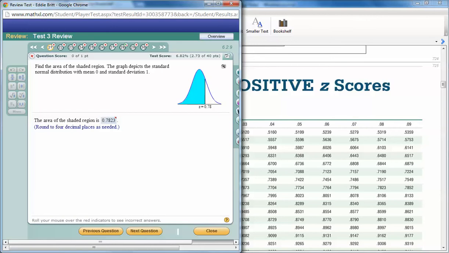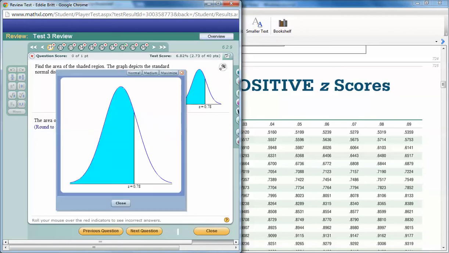All right, so since this table is cumulative from left to right, that means if I want to know the area to the left of a z-score, so that's why this is all shaded to the left, then I just take the value out of the table. If for some reason I wanted to know this over here that was shaded, I would have to use a z-score of 0.78, find the area that corresponds to that, and then say 1 minus.